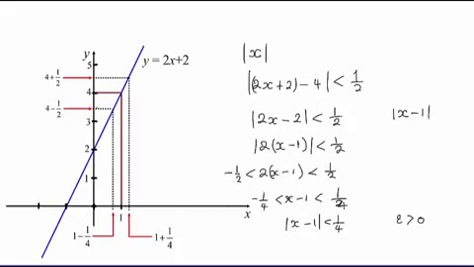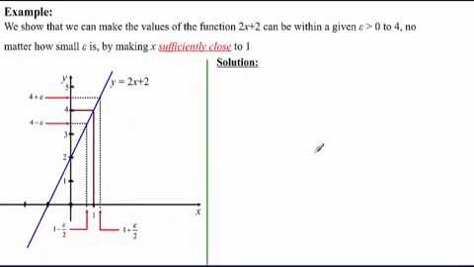So let's say we show that we can make the values of the function 2x plus 2 be within a given distance epsilon greater than 0 of 4, no matter how small epsilon is, by making x sufficiently close to 1.